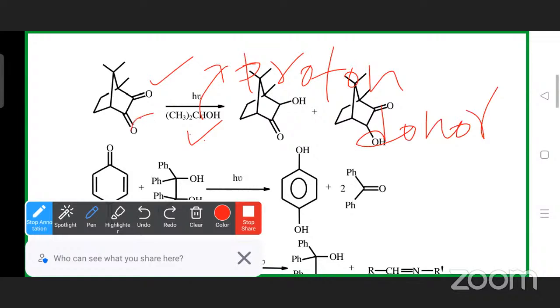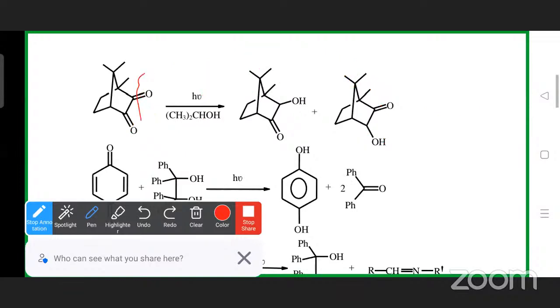So this bond undergoes homolytic cleavage, and this is also undergoing homolytic cleavage here. Then you will get the diol compound, or selectively one ketone group may undergo the homolytic cleavage here. Means both carbonyl groups are undergoing homolytic cleavage, or selectively only one ketone group is undergoing homolytic cleavage. Then you will get these isomeric compounds here.